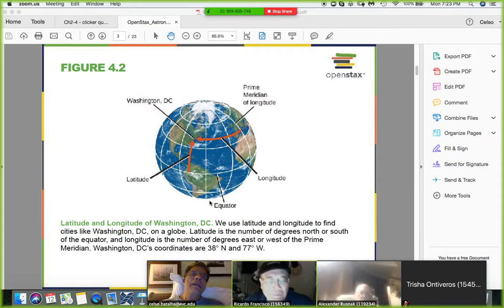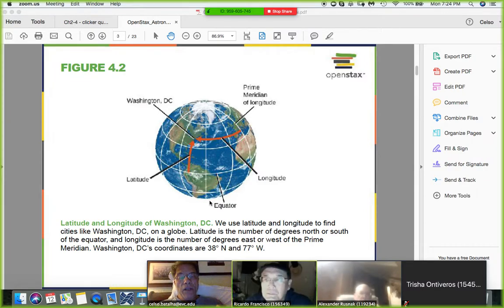But we can think of a similar system when we apply that to the celestial sphere. The celestial sphere, as we saw previously, is not a real sphere, but it's very useful when you try to locate objects in the sky. There are two coordinate systems we use a lot.